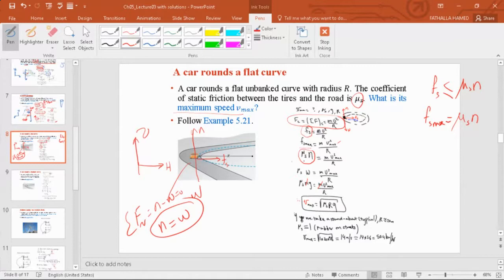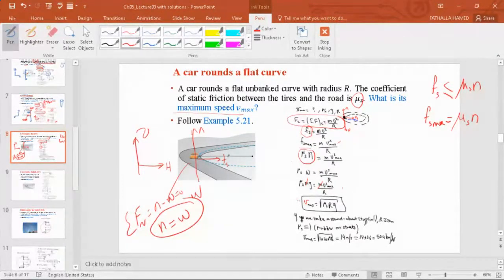So we say that mu s times the weight should equal m v max squared divided by r. You know that the weight in this case is equal to mg. So mu s mg is equal to m v max squared over r. You can cancel the m from both sides. So you have g mu s equal to v max squared over r.